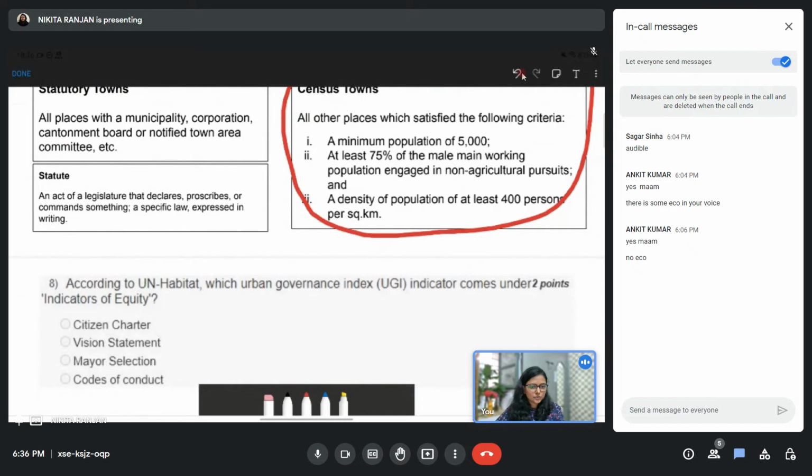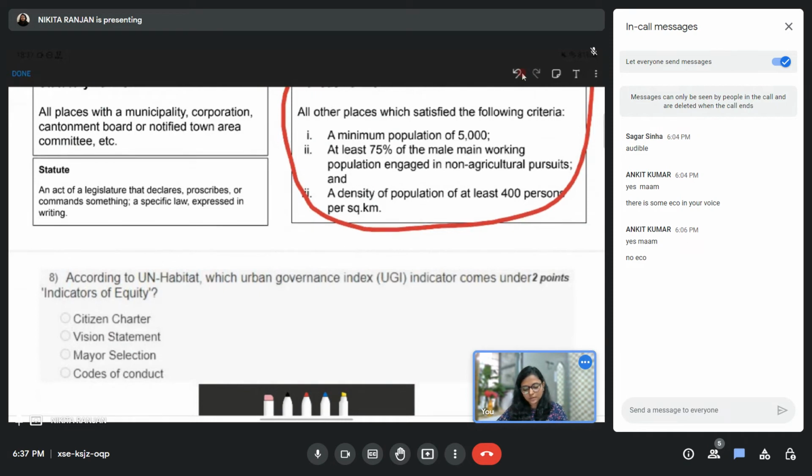Any doubts so far? No one is asking anything so far. Please feel free to ask. Please do not hesitate. You might think that your question is very small or unimportant, but do not feel that way.